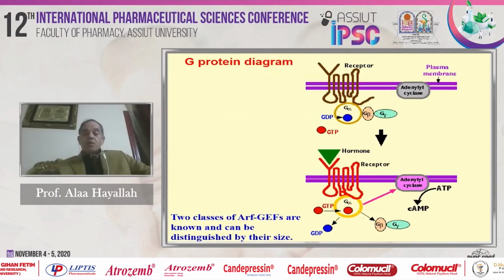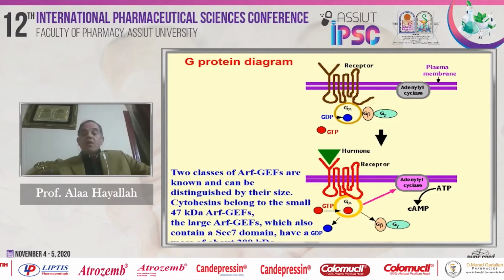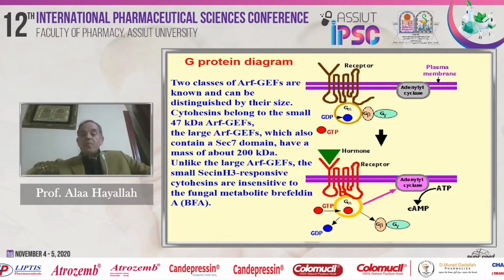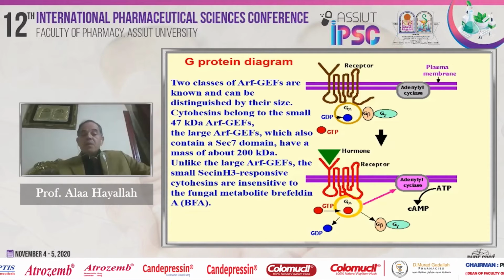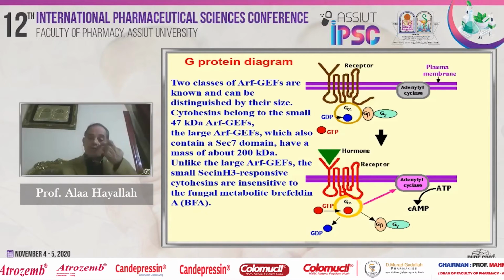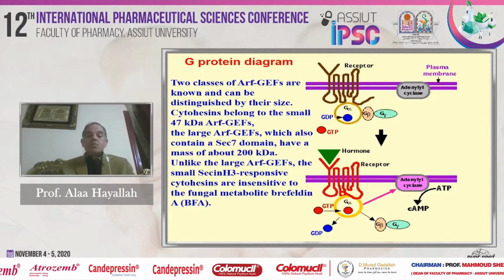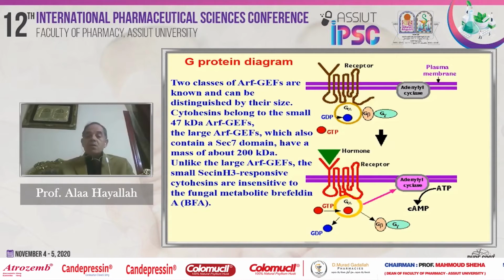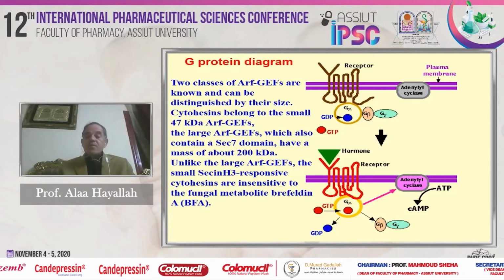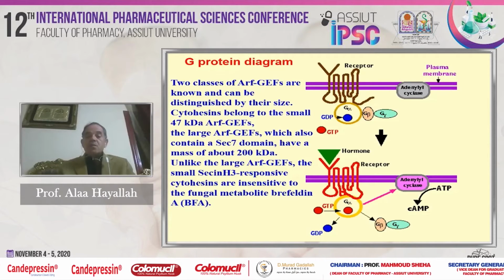If we look at G proteins, two classes of ARF GEFs are known and can be distinguished by their size. Cytohesins belong to the small ARF GEF proteins, around 47 kilodalton.